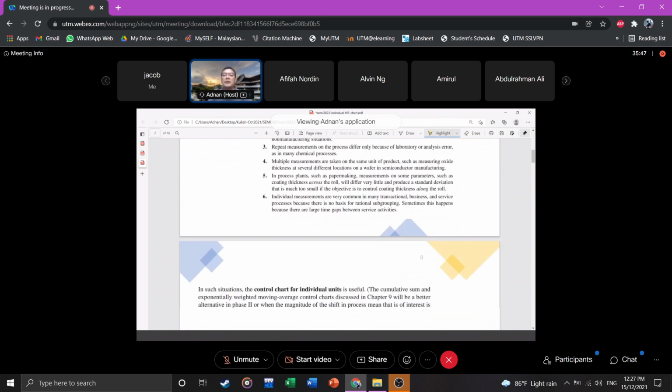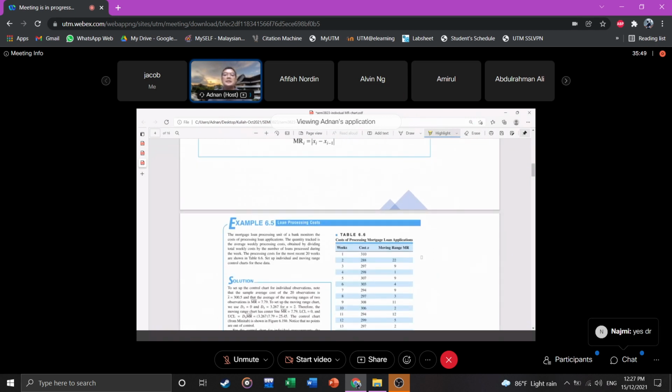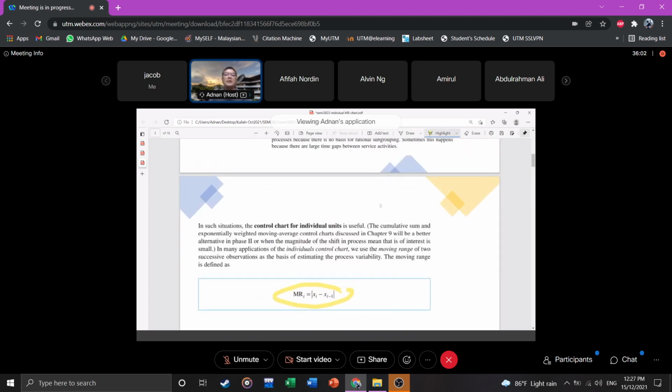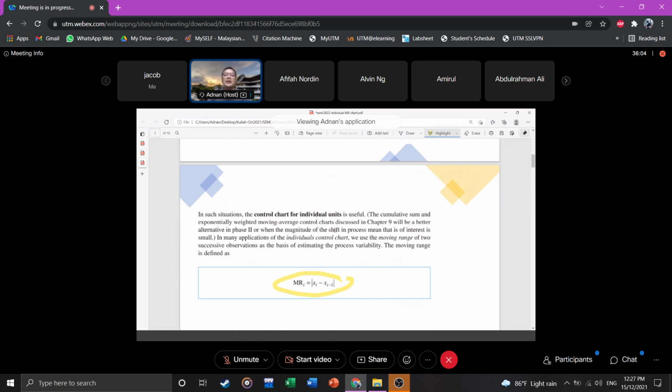So the individual measurement. We have discussed this. There are methods for individual measurement using the moving range, MR, where we have the individual control chart. As I discussed just now, UMA is effective for individual values.